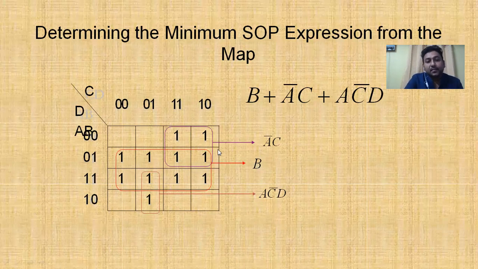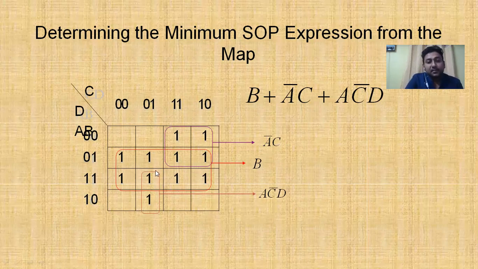The next one is this violet one. 0 0 means here A is constant, B is varying 0 to 1, and the corresponding value of CD is 1 1, 1 0. So here the constant one is C. The value of A is 0, that means A bar, and C is 1, that means C, so A bar C, right?